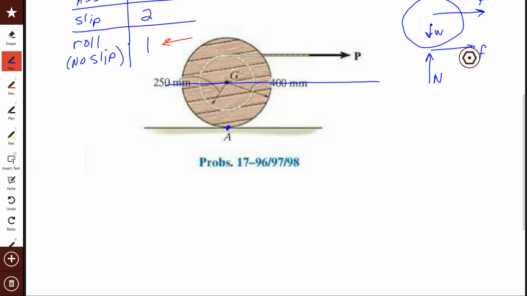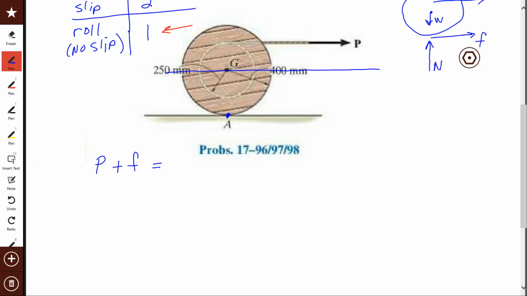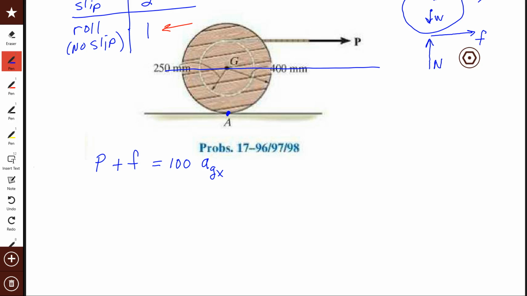So here we go. In the horizontal direction, I have P positive because it's to the right, plus F, I assume, because that's the direction I drew it, so it goes positive to the right. This is equal to the mass, and in this case it's 100 kilograms, times the acceleration of point G in the x direction, just to emphasize that I believe it's going only in the horizontal direction.